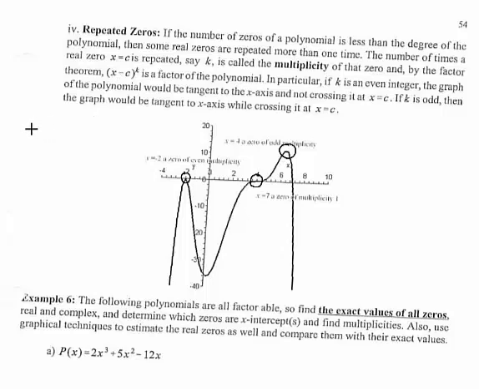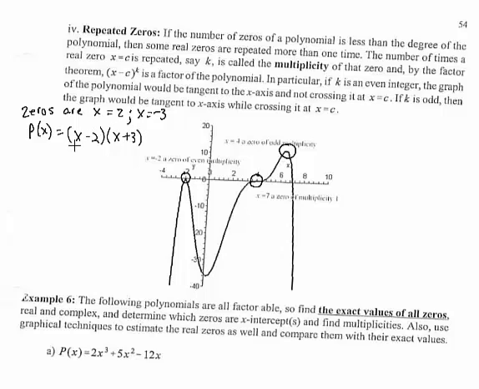So for instance, before I wrote a polynomial with zeros, if I said the zeros of a polynomial are x equals 2 and x equals negative 3, then I could write my polynomial as x minus 2, x plus 3. I know the factors. But then we could assign different multiplicities to each one of these factors.